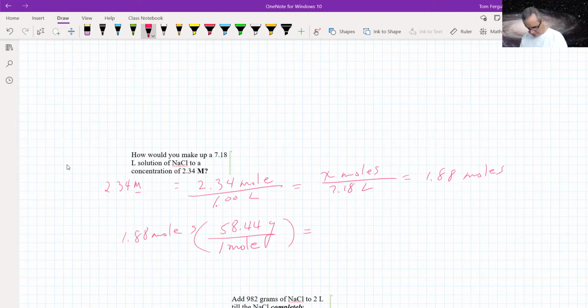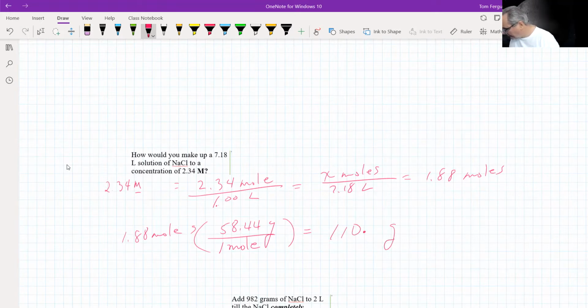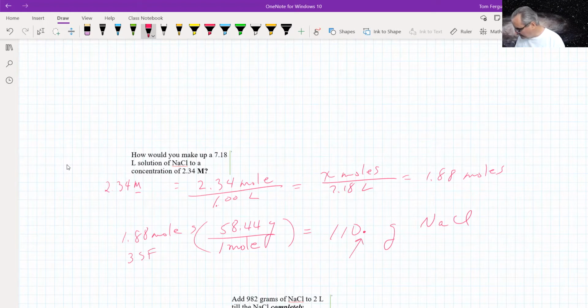We have your 1.88 times 58.44, which is 110 grams of sodium chloride. Now I have 110 with a decimal point because we're talking 3 sig figs here. The decimal point added made it 3 sig figs. Otherwise, it'd be 2 sig figs.